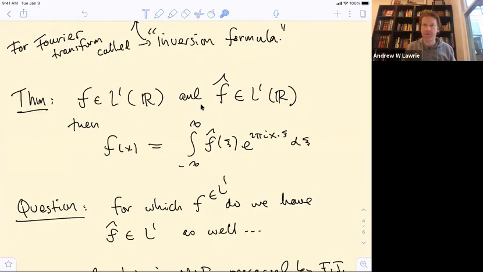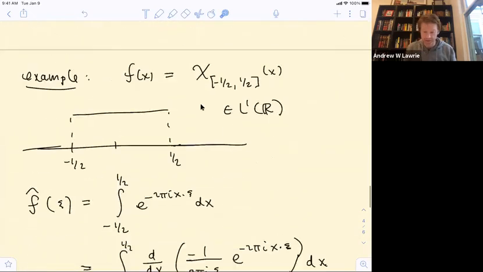There are various different ways of ensuring this, and I think this might be one way. If I also ask it to be in L2. Wait, no, that's not good enough because this function is in L2 as well.